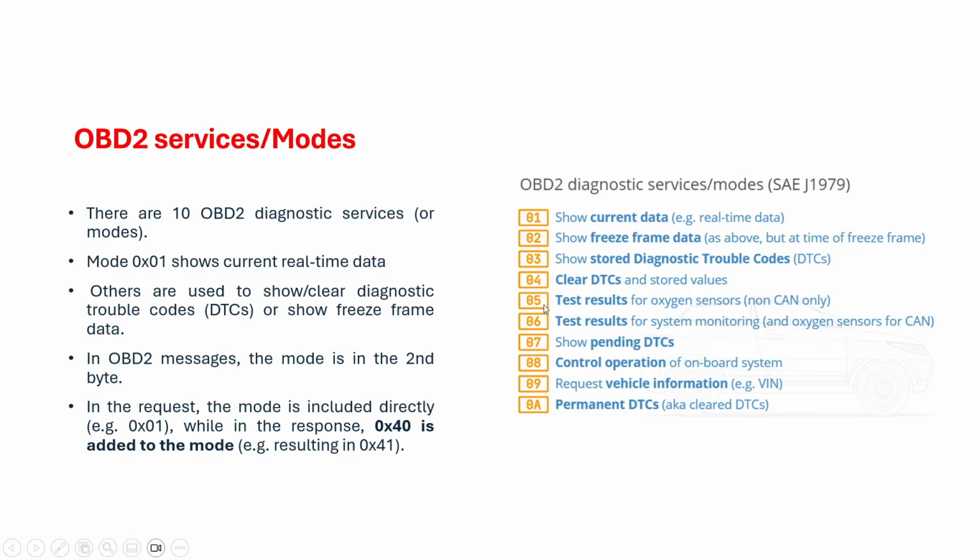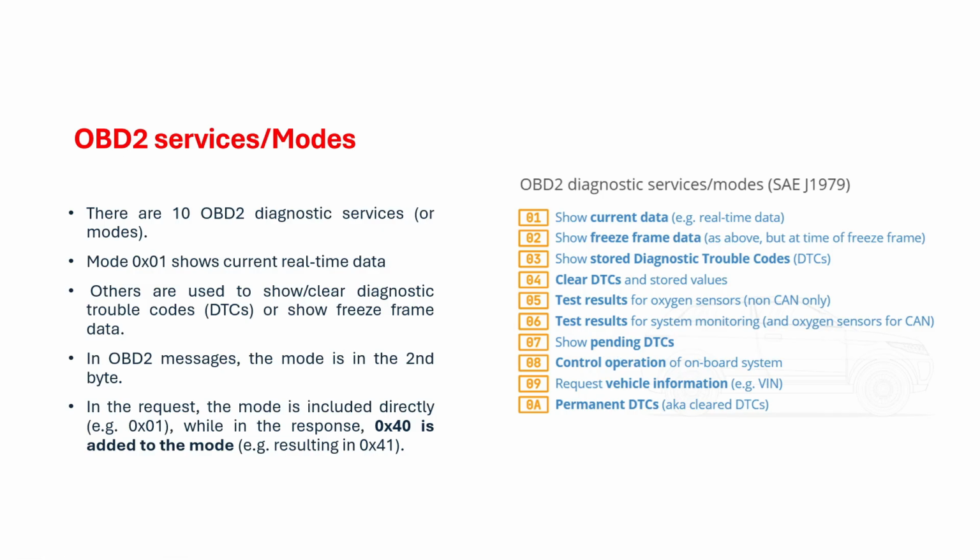The 05 mode frame is used for test results of the oxygen sensor, and 06 is for system monitoring purposes. If you want to establish some system monitoring operation, you can use the 06 mode frame. Mode 07 is used for pending DTCs.